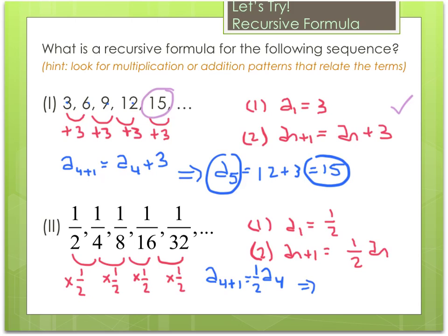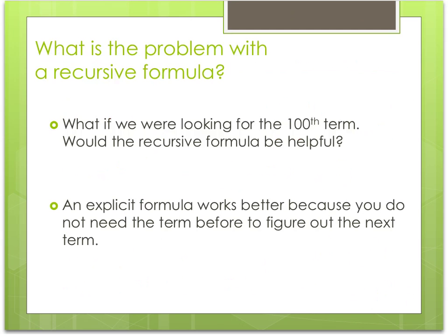So a sub 4, 1, 2, 3, 4 is 1/16. So 1/2 times 1/16, well that gives me 1/32, which is in fact my 5th term. So I know that my recursive formula works.